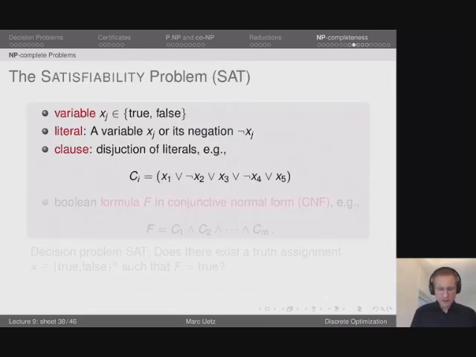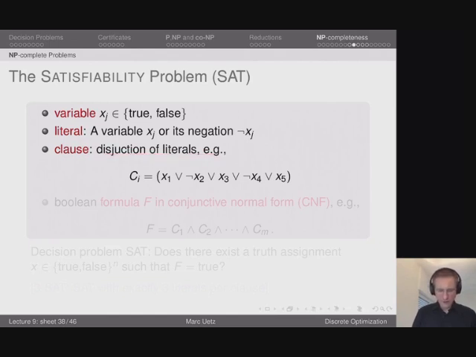In the satisfiability problem, we have Boolean variables called xj here, that can be true or false, or 0 and 1. And a literal, that is a variable itself or its negation. And then we define so-called clauses, and that is the disjunction of literals.